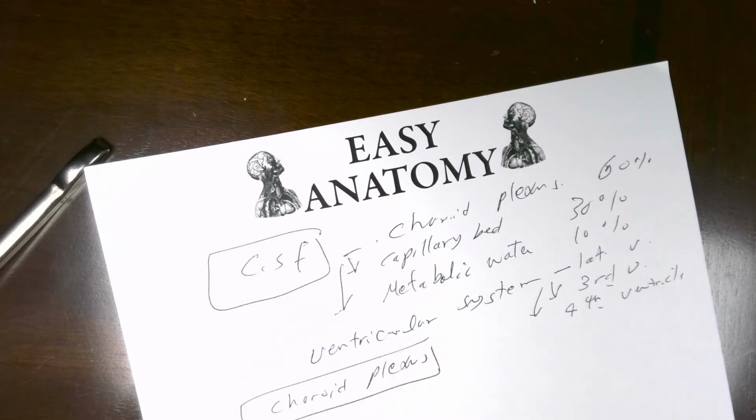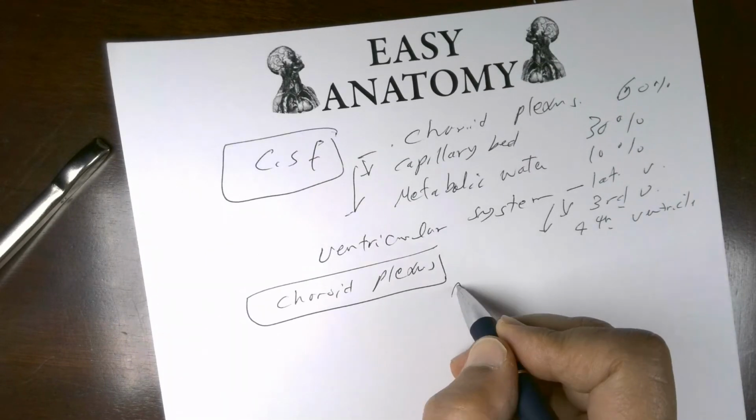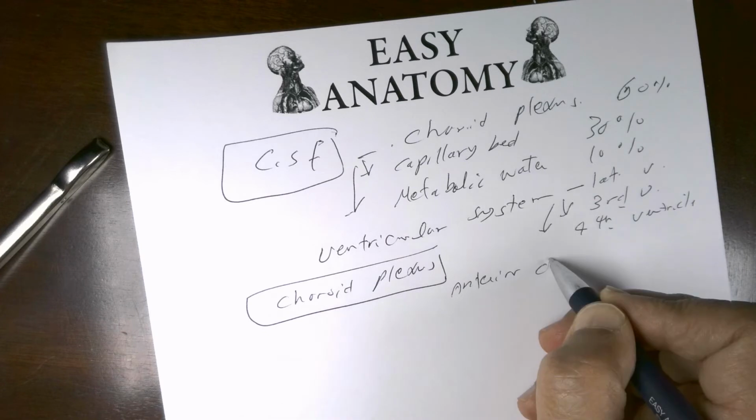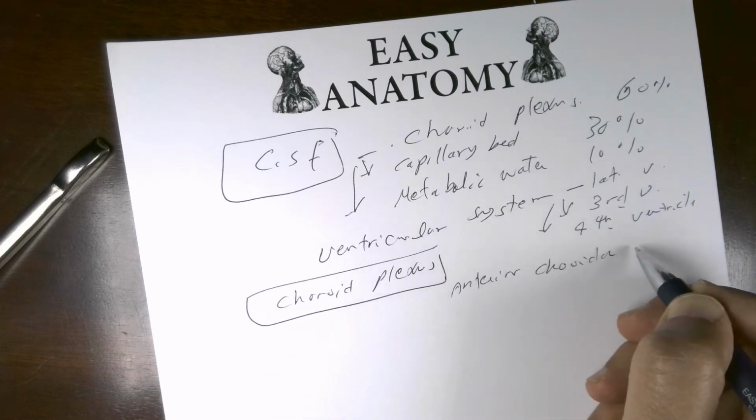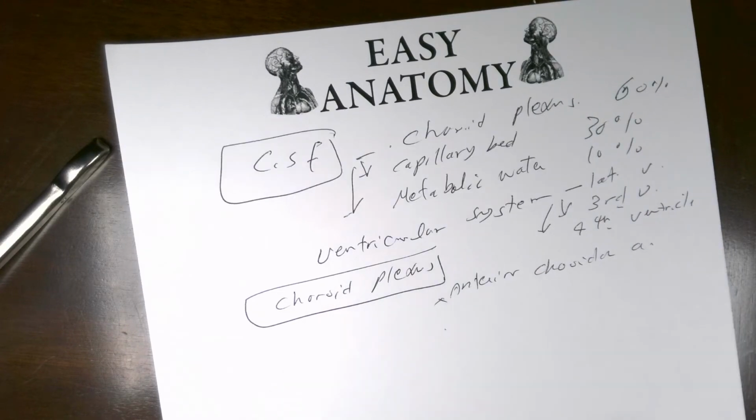Blood supply of the choroid plexus, if you remember, you have choroidal arteries, the anterior choroidal artery, and also some choroidal arteries coming from the anterior cerebral, middle cerebral, internal carotid, and posterior cerebral arteries.